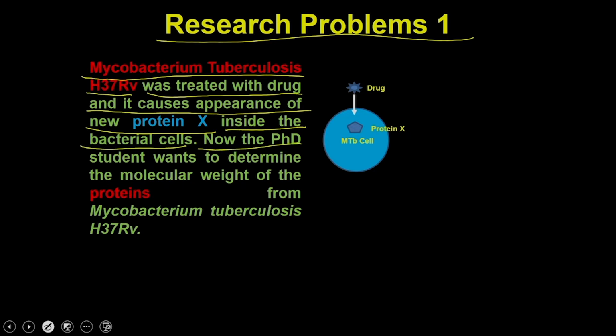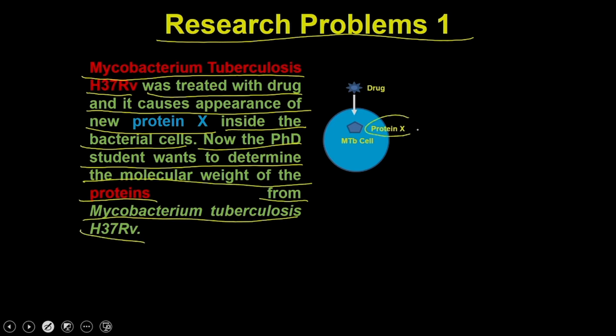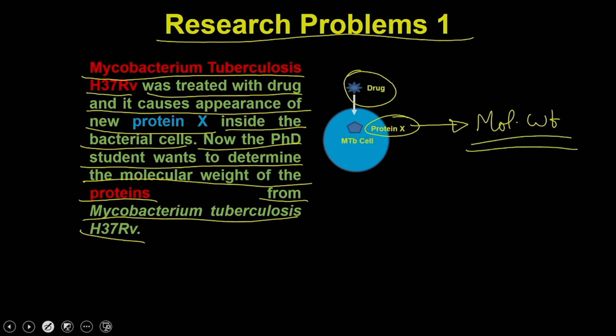Now, the PhD student wants to determine the molecular weight of the protein, which means that you are doing a treatment to the cell and that is specifically producing the protein X, and what the student wants to know is the molecular weight of this particular protein. And how to do that?